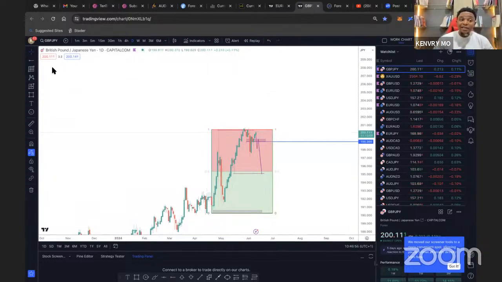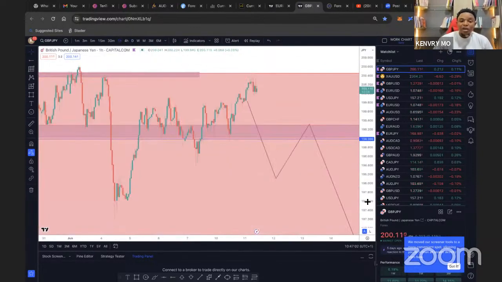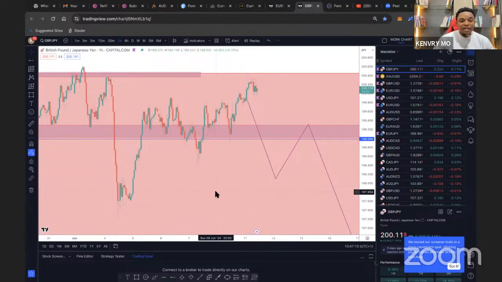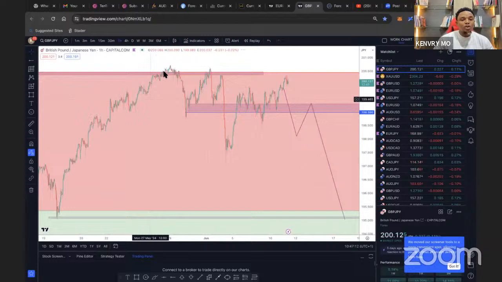So if I'm looking at GJ right now, I'm looking for the opportunity to sell. So when I come to a smaller time frame, I'm looking for the best place I can sell this market. As long as the market is on this red, I am a seller. Okay. So I'm looking for opportunities to sell. And when the market first took away that liquidity, we had actually made money on GJ.